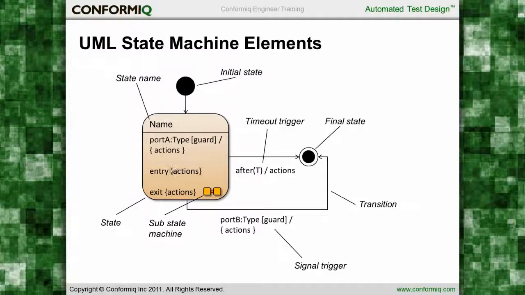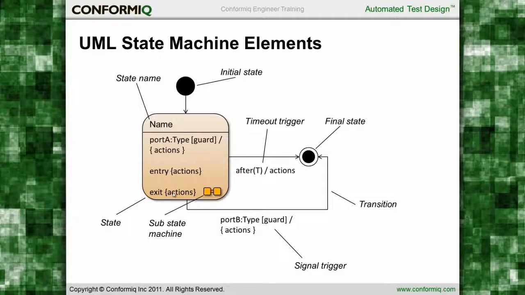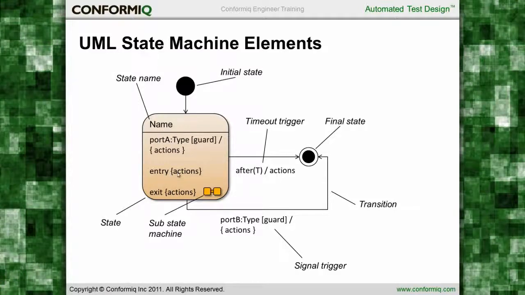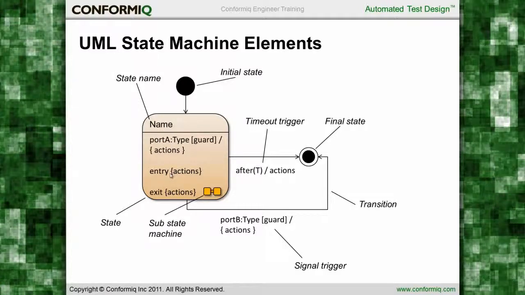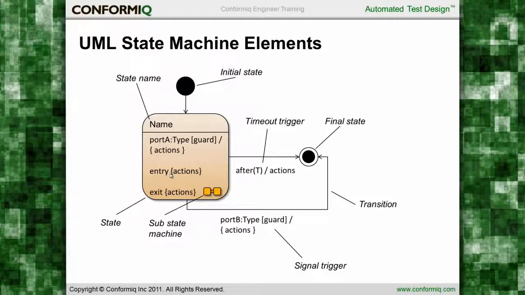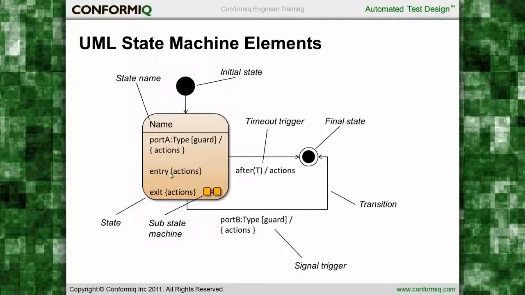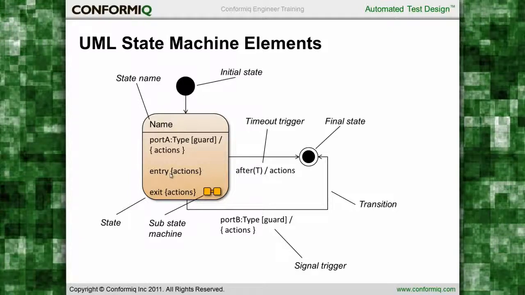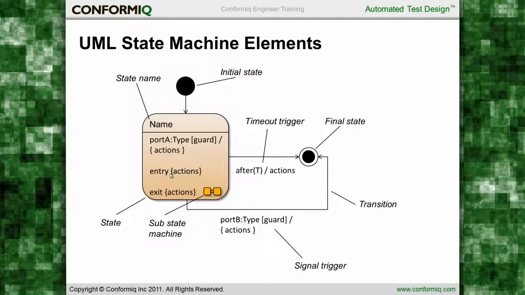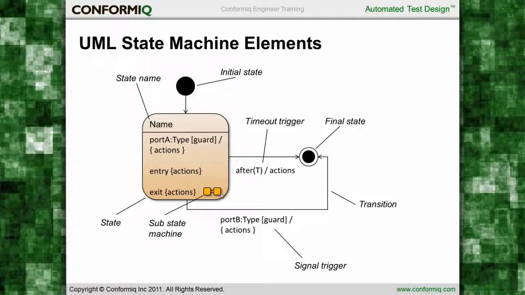Then we have here two other interesting elements. There is something called entry and exit, and what these mean is that they are the entry and exit actions of the state. Entry action is always executed whenever you come to this state from outside.